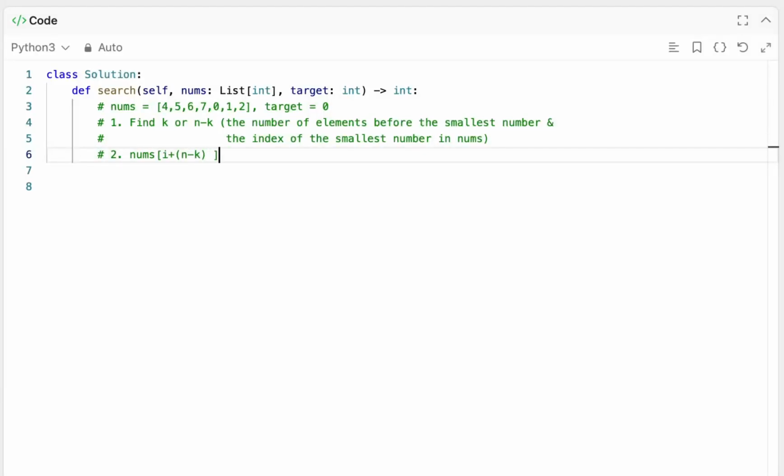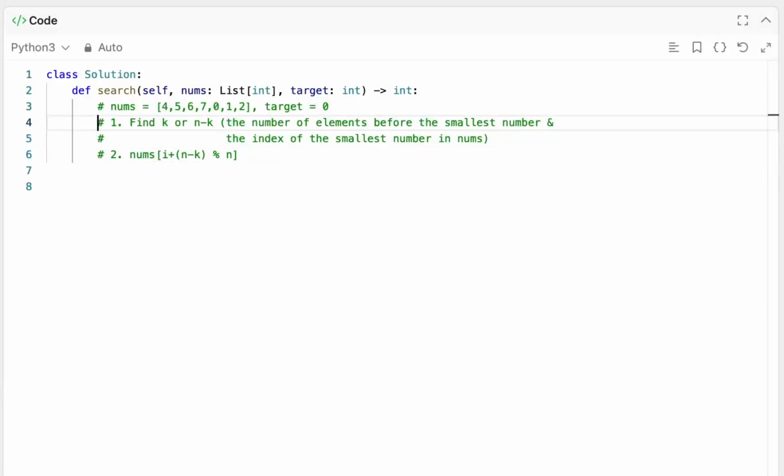And modulo n, right? Simply, I can still use my binary search by translating this way.